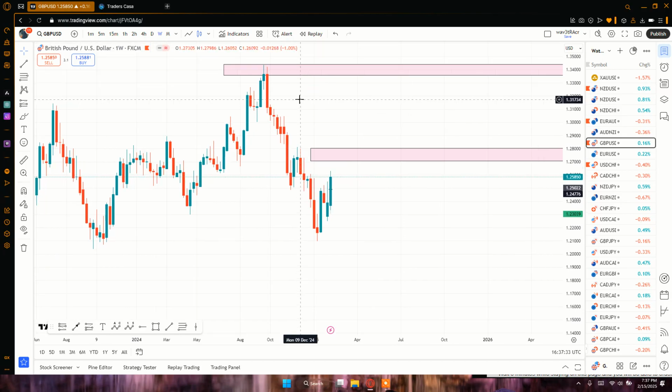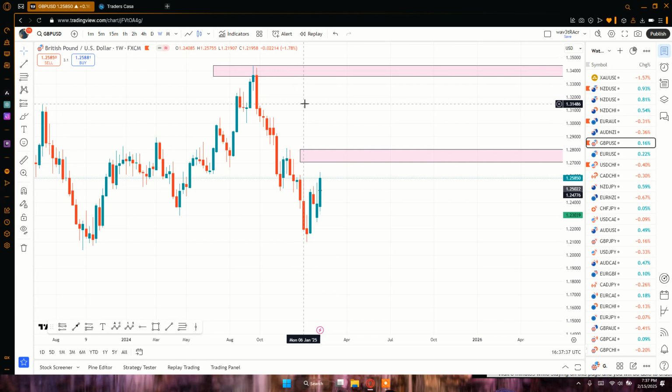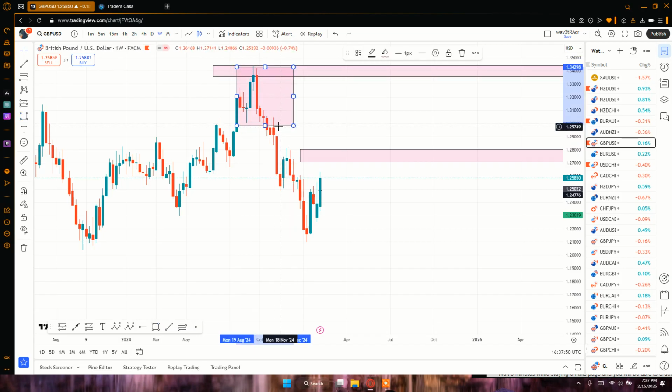Okay, so this is the representation of GBP USD on the weekly time frame. We can see that we had our first wave. All of this was our first wave, with all of this as our third wave. Let me try to confirm.